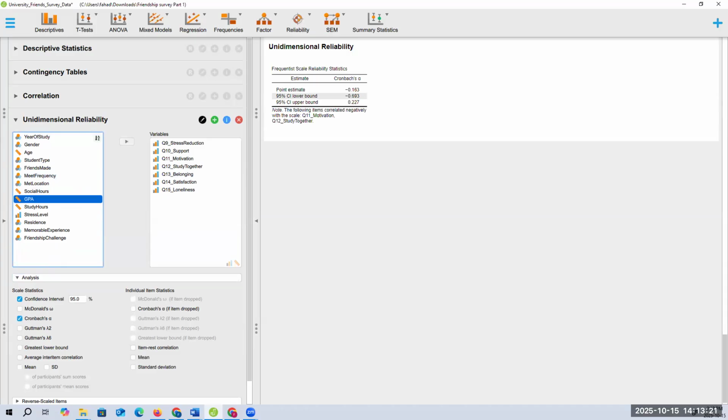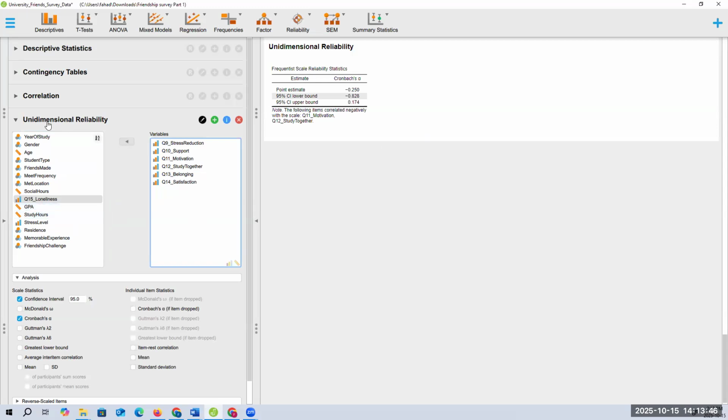So Cronbach's alpha is negative 0.163. So that's not a really good reliability, I believe, in terms of a point estimate. And let's see, does it change if I take out loneliness? Negative 0.250.